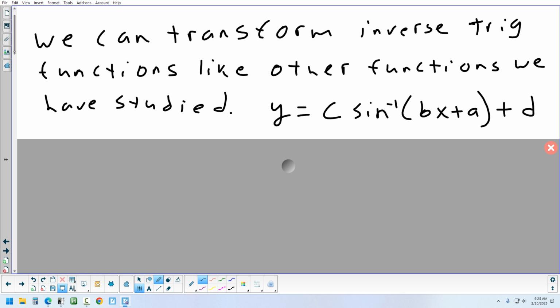Well, Holly, what's B going to do? It's a horizontal stretch. Yep, horizontal stretch or compression. If you put in a value bigger than 1, what's that going to cause the graph to do? It's going to stretch it. I mean, compress. A bigger value for B causes it to compress. A small value for B causes it to stretch. And by big, I mean bigger than 1, and small means between 0 and 1.